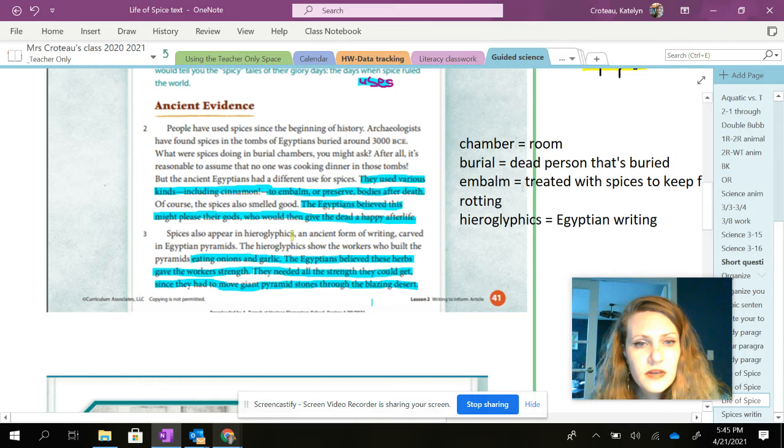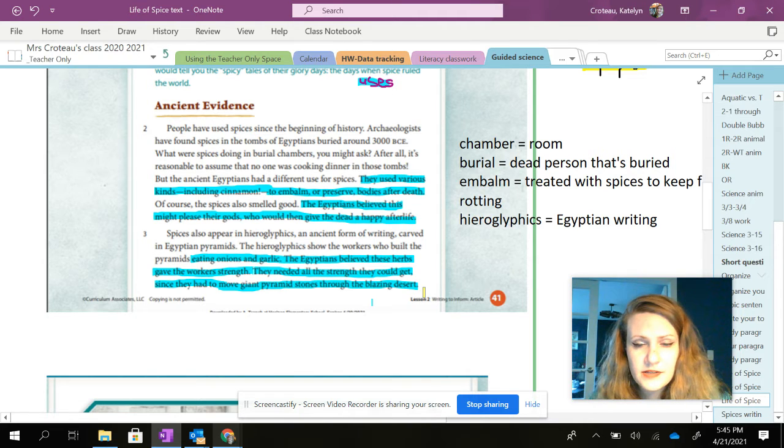So the hieroglyphics show workers who built the pyramids eating onions and garlic. The Egyptians believed these herbs gave the workers strength. They needed all the strength they could get since they had to move giant pyramid stones through the blazing desert.